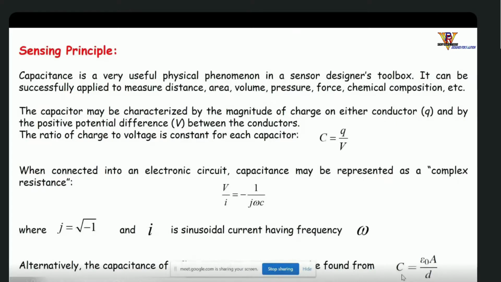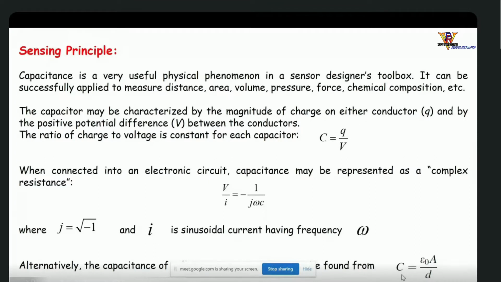Any type of capacitor can be characterized by the magnitude of charge on the conductor and by the positive potential difference between the conductors. The ratio of charge to voltage is constant for each capacitor, given by C equals Q by V. This C is called the capacity of that particular capacitor, means how much charge the capacitor can hold.